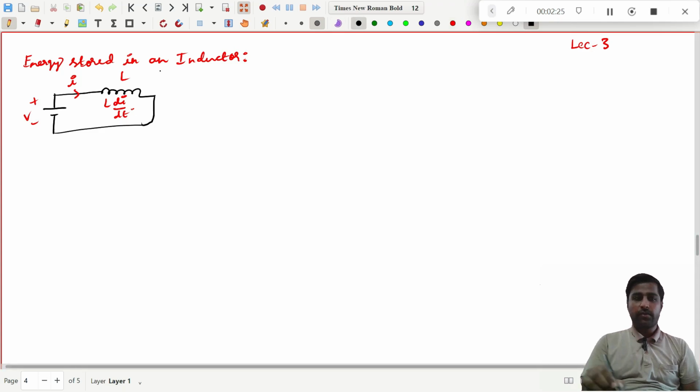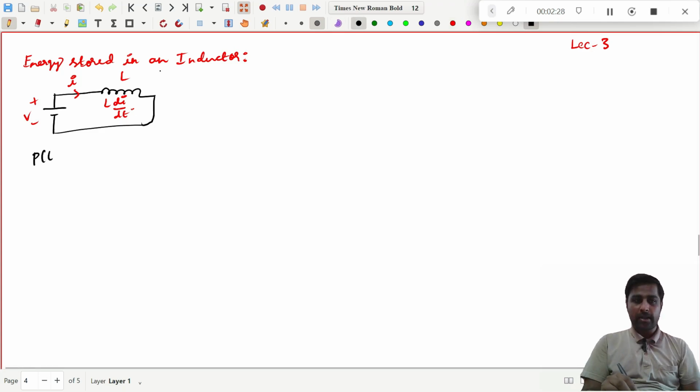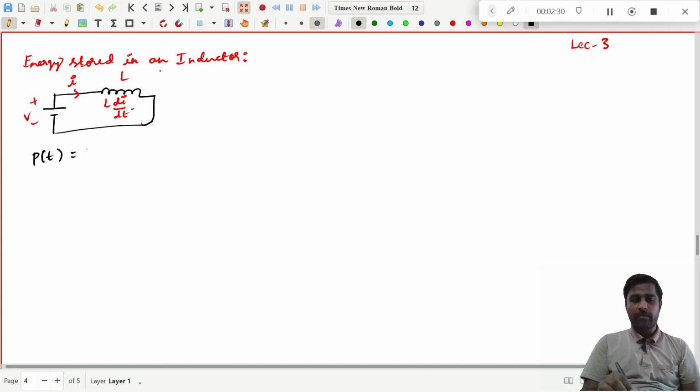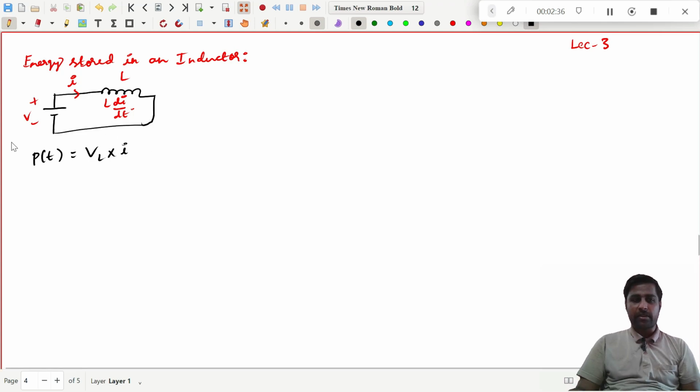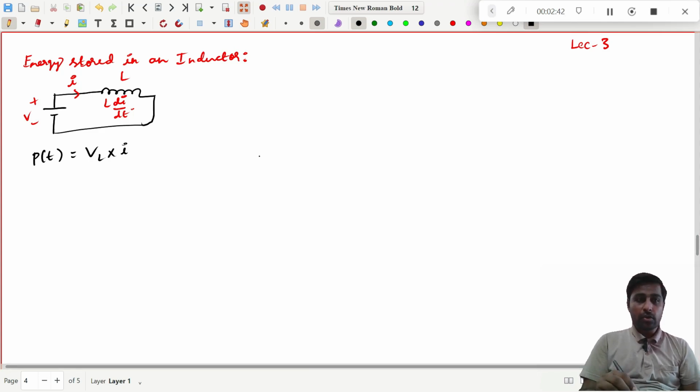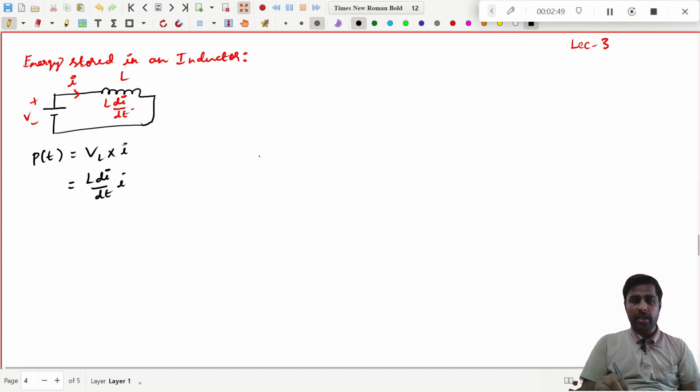Now if I want to find the power, P of t will be equal to VL into I in the inductor. I am just writing the power expression for the inductor. So this inductor will have power V into I, right? So here, what is VL? VL is nothing but L into di by dt, into I. So this is the power expression.